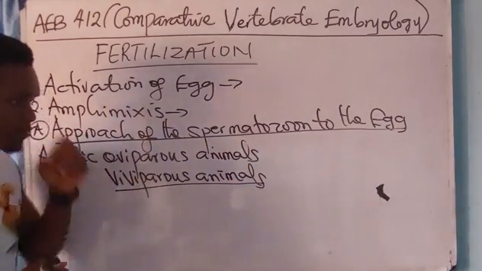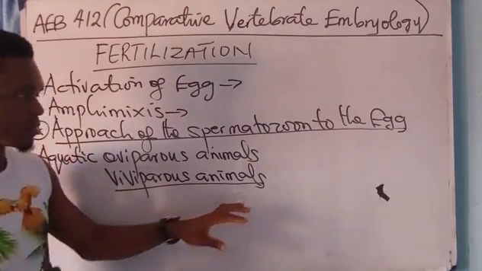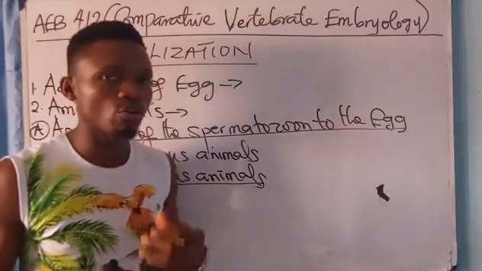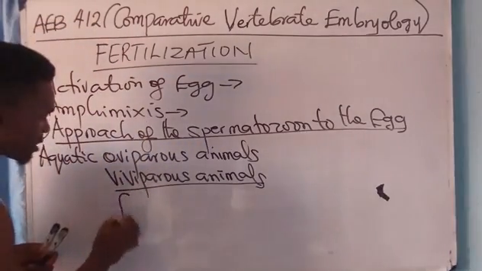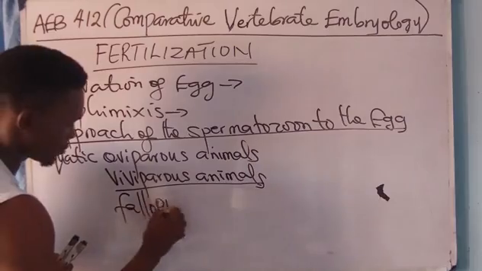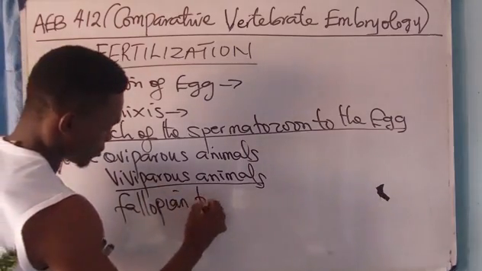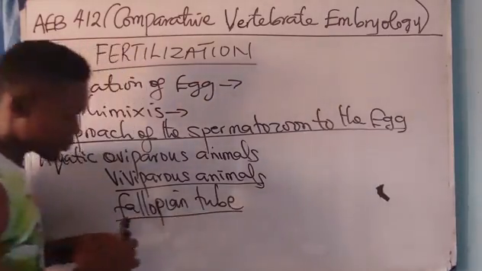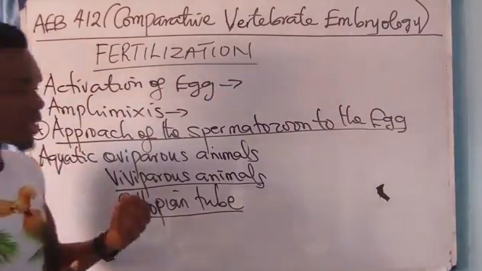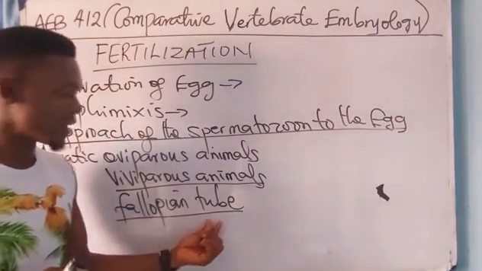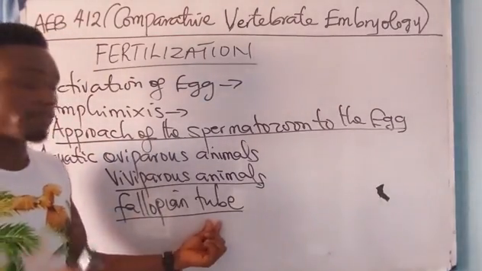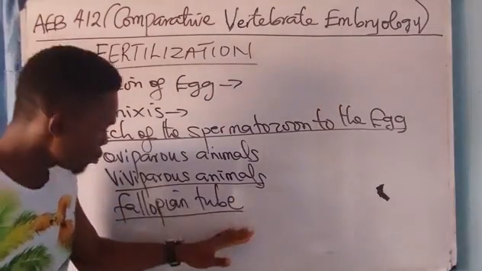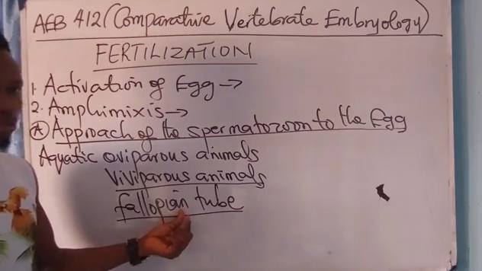Now, in mammals, where does fertilization occur in the female? It occurs in the fallopian tube, the oviduct. Which means that as soon as the sperm is ejaculated into the body of the female organism, it moves by the lashing movement of its tail to the fallopian tube.